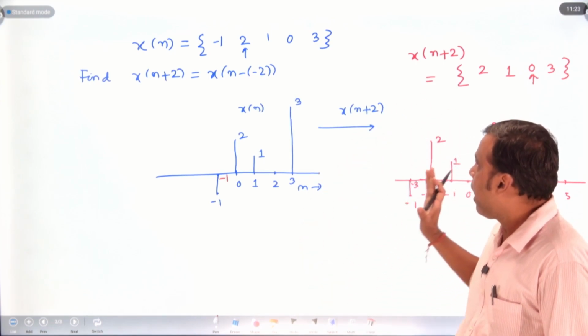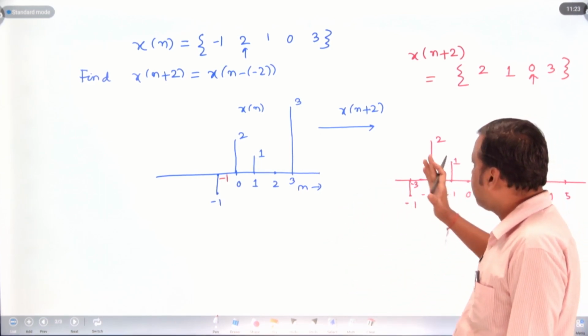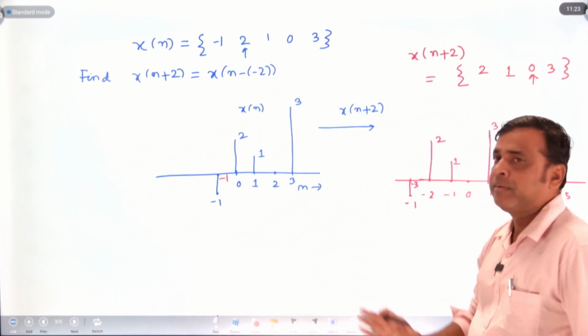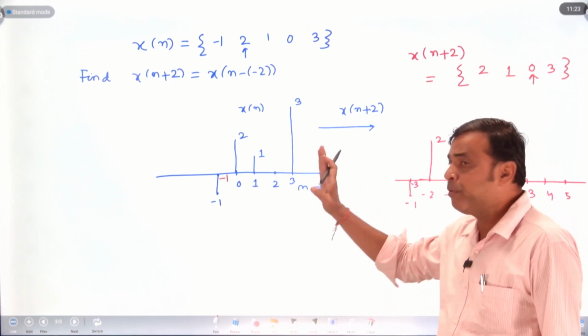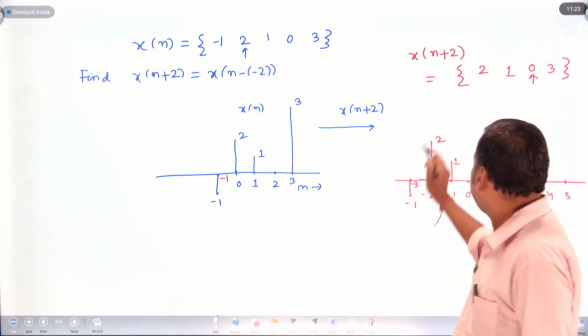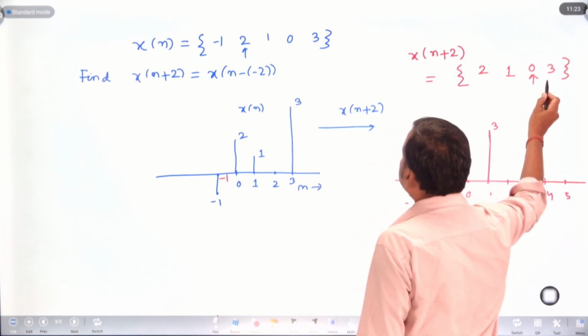If it is an advance, in graphical representation each sample is shifted toward the left, but the arrow mark is shifted toward the right. In case of delay, in graphical representation each sample is shifted toward the right, but the arrow mark is shifted toward the left.